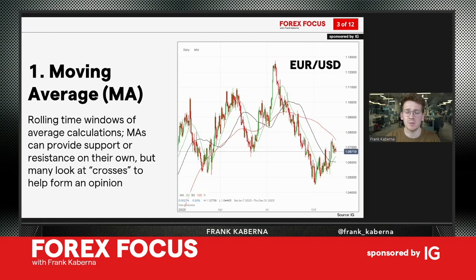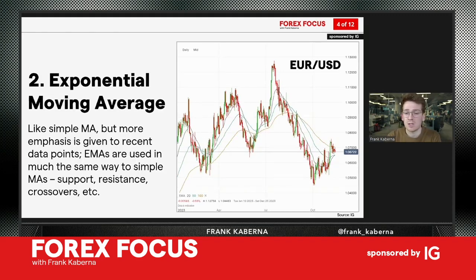And that depends on whether you're a trend follower or contrarian. A trend follower might see a 20-day moving average moving below a 100-day moving average and say, oh, this is a reason for this market to move even lower, to continue that trend. Whereas a contrarian might see that, wait for it to move a little bit lower, and then think it's going to reverse and go against that potential trend there.